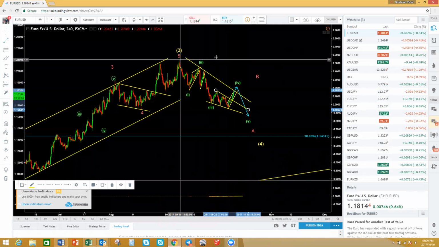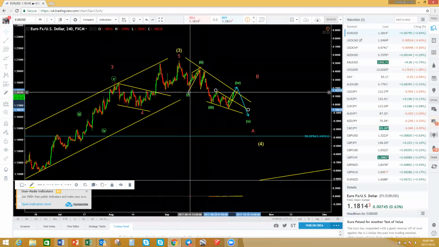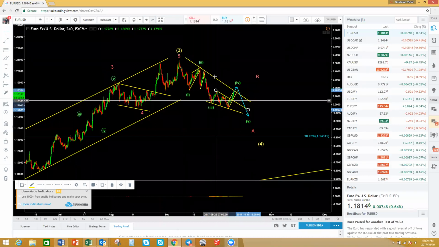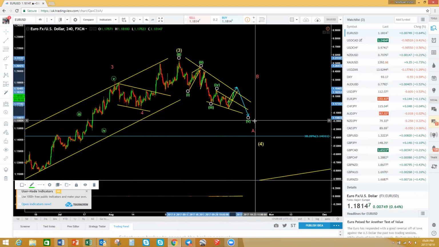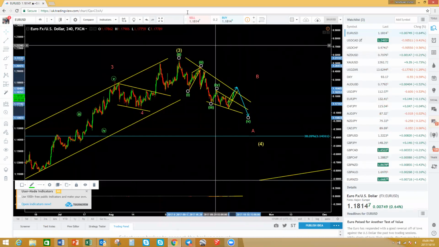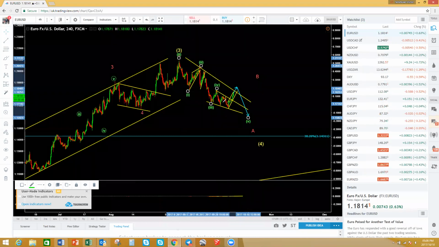You can see that we had a very nice impulse 1, 2, 3, and then this 4 was supposed to be here. This would have then been our wave 5, ending as a diagonal 1, 2, 1, 2, 3, 4, 5, and then we go up.